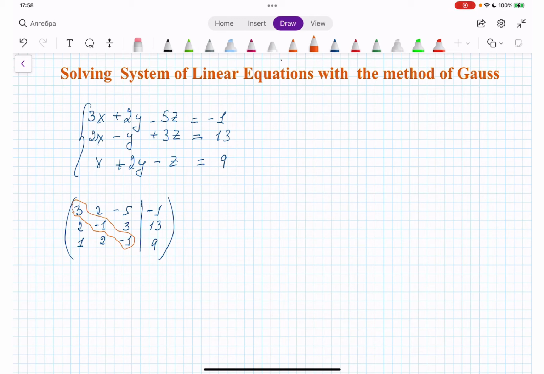Those are going to be our leading coefficients. Underneath each leading coefficient, in the column, we are going to get zeros. These two are going to be 0 underneath the second leading coefficient, which is -1. The 2 is going to be equal to 0, and the third one is only a leading coefficient. Okay? So let's get going.